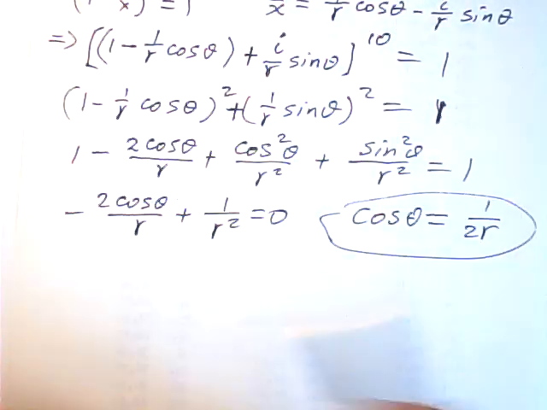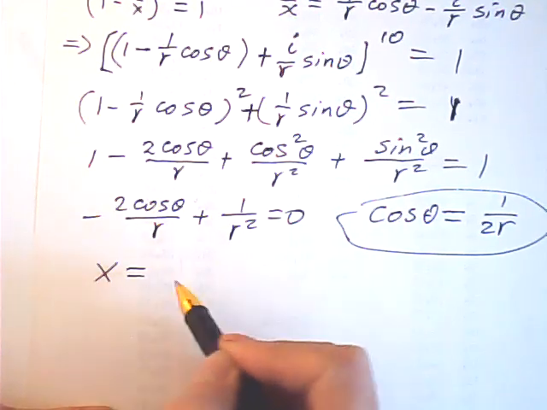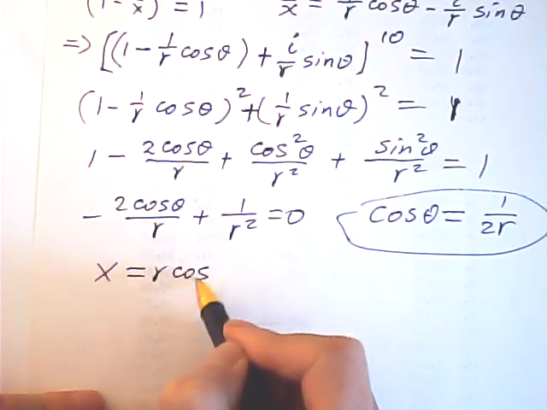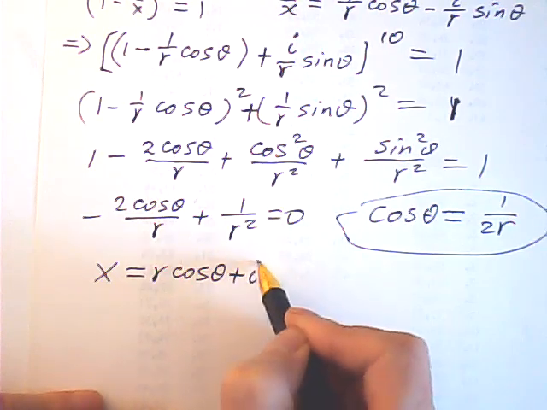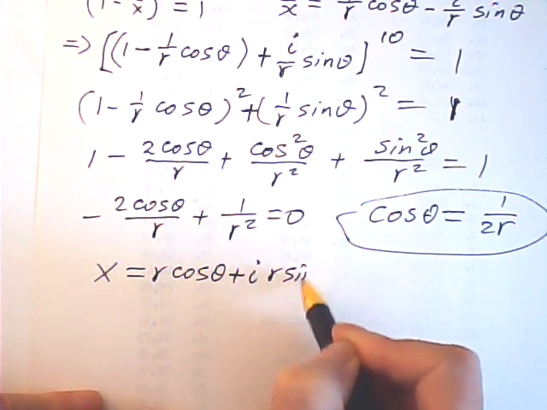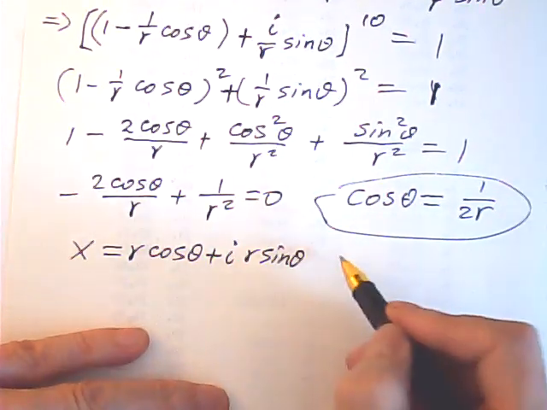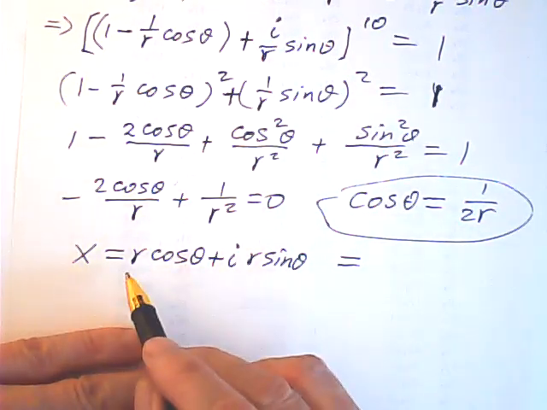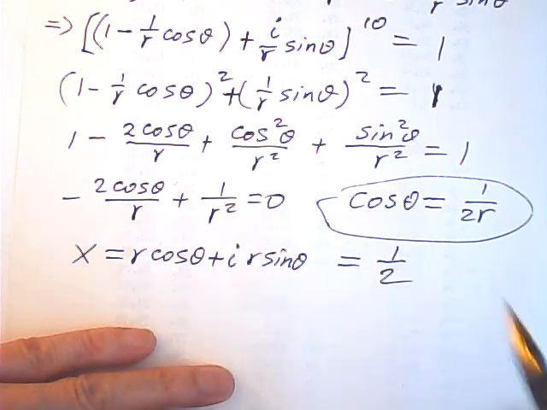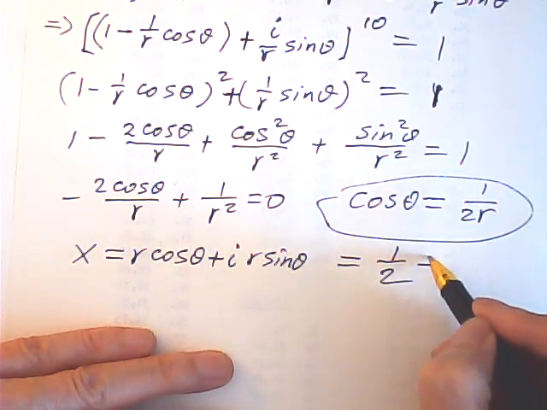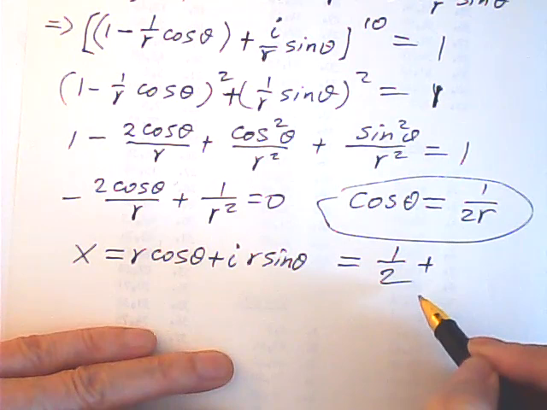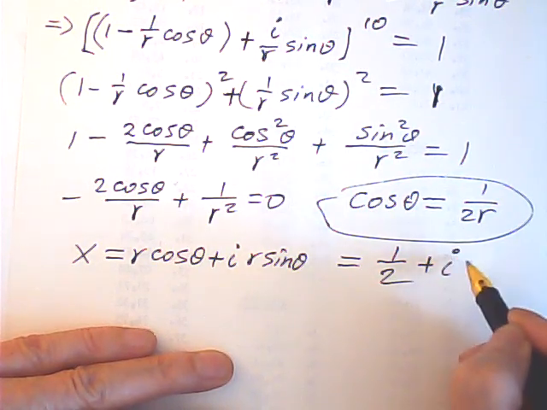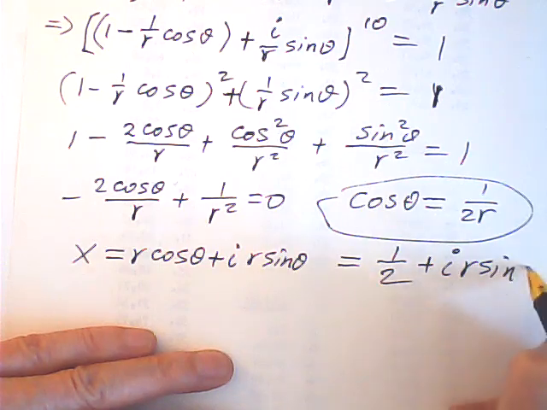Now we put it back, therefore we find x is equal to r cosine theta plus i r sine theta, which is equal to, putting cosine theta equal to this back, half plus i r sine theta.